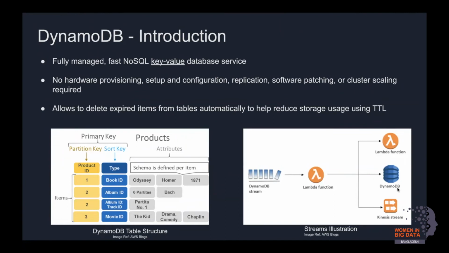Even on a single row of a database, you can trigger a Lambda and process it with the help of DynamoDB Streams. Again, you don't need to go into that much detail, but for your understanding, DynamoDB is a go-to service when it comes to NoSQL requirements. AWS has also been coming up recently with other flavors of database engines which fall under NoSQL, but DynamoDB is the prominent one because it's very flexible to use and the performance is very good.